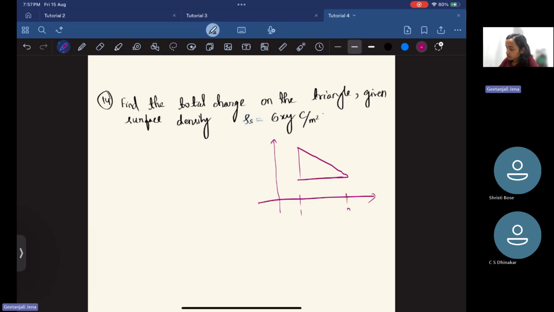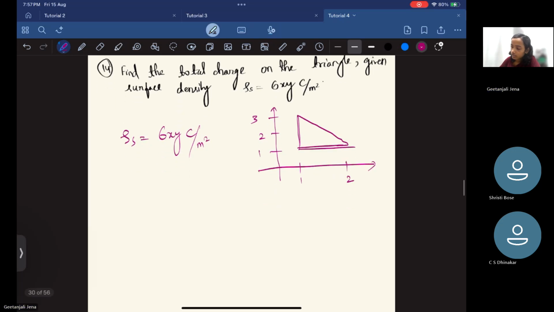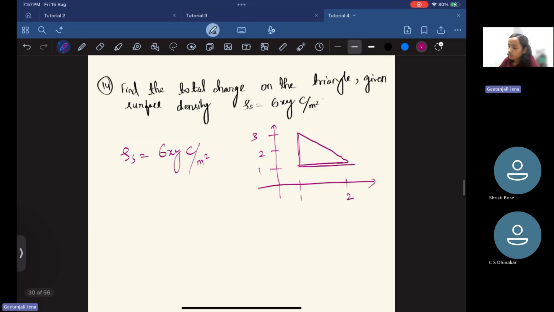This is 1, this is 2, this is 1, this is 3. For this triangle, the surface charge density rho is given as 6xy coulomb per meter square, and you need to find out the total charge. So solve it and let me know the answer. Let us say this is x, this is y.